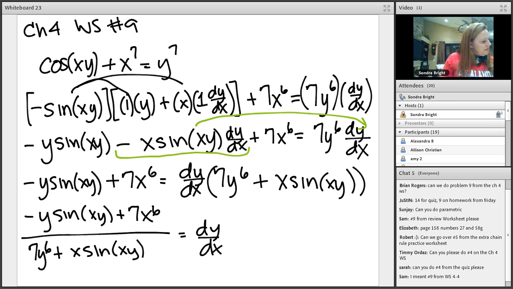The only difference is theirs has a 7x to the 6th minus y sine of xy on top. And is it A? Yeah. So the answer is A.